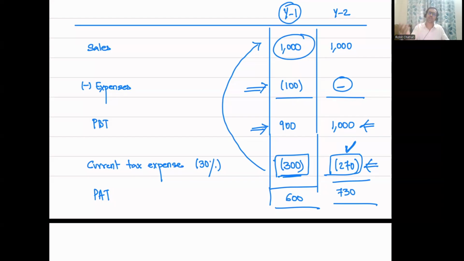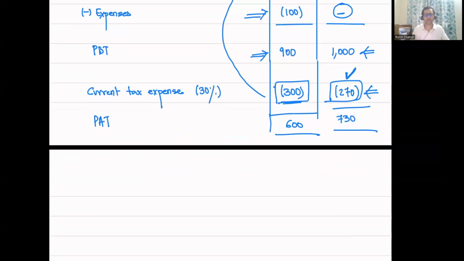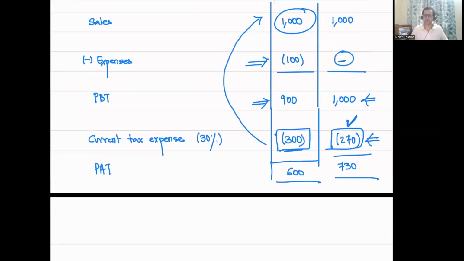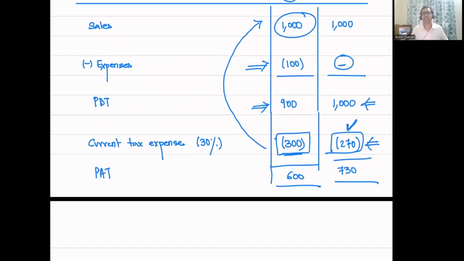Now, so as to ensure that matching concept is not violated, we record deferred taxes. Now, how do we record a deferred tax over here? The journal entry is going to be, if you think of it, my tax expense over here should ideally reduce, because the tax benefit as a result of this expense should actually be recorded in year 1 itself, which means that I need to reduce my tax expense.